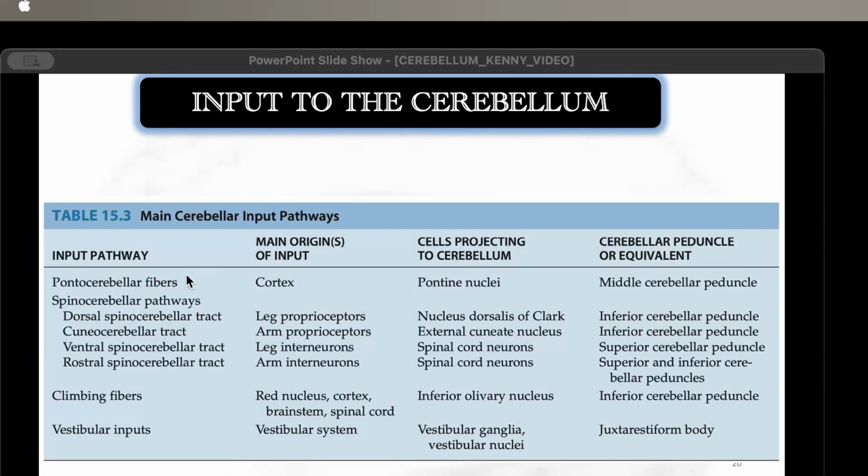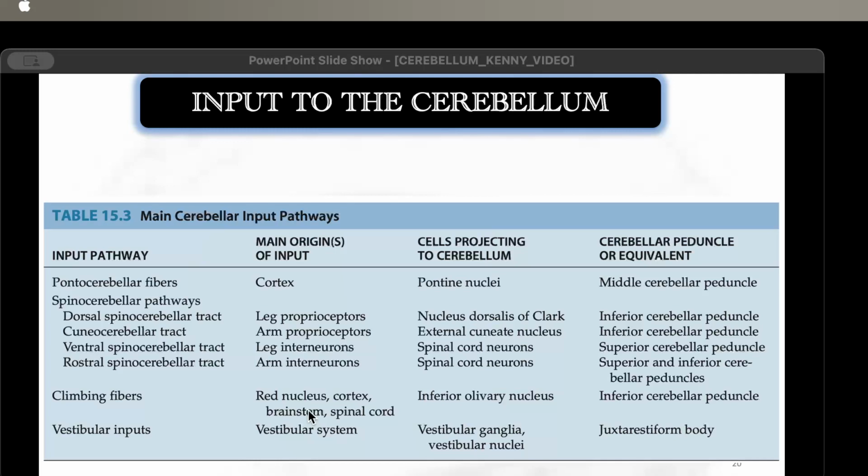So let's see most of these inputs to the cerebellum. We have input from the cerebral cortex or the forebrain. We have input from the spinal cord or the rest of the body. We have inputs from the vestibular system and the brainstem.